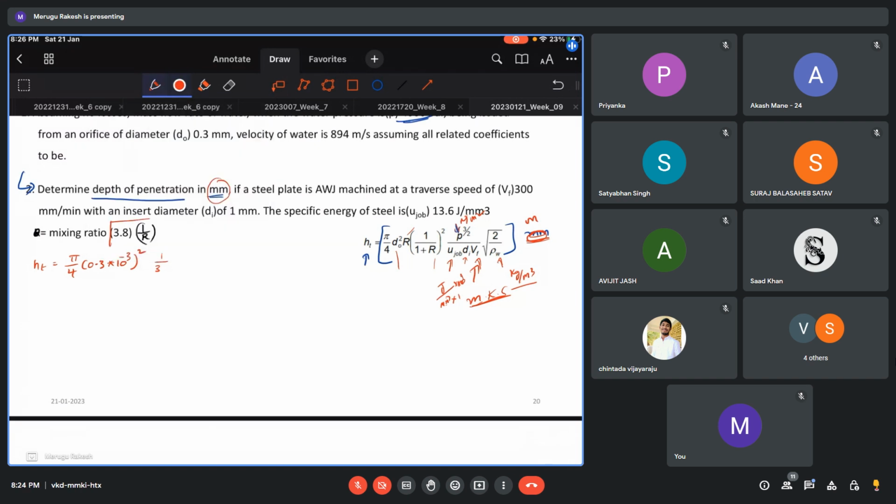Just note this one small correction. This 300 mm per minute.